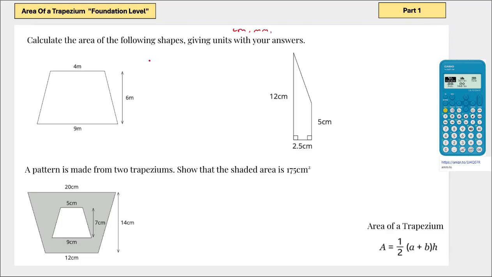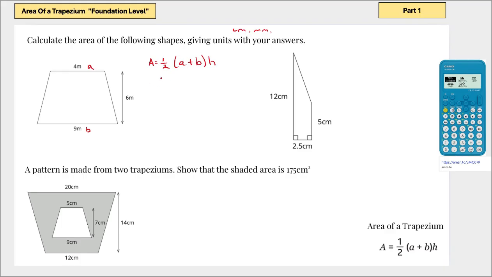So the area is a half of A plus B times the height. Now, here, this could be your A and this could be your B, or vice versa. It doesn't matter because it's an add, so it doesn't matter which way round it is.